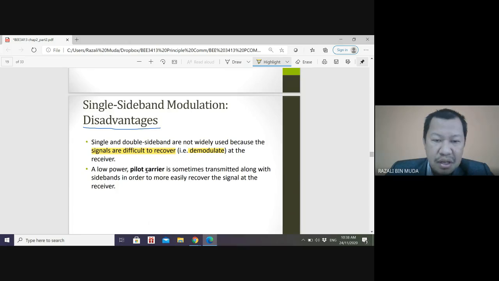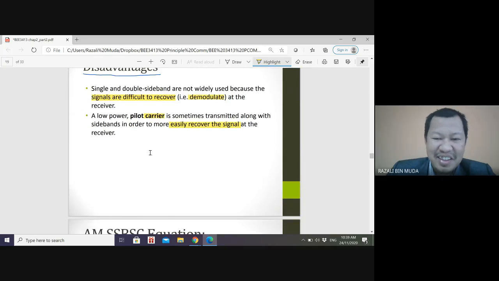So basically, you still need the carrier in order to easily demodulate. The issue is in the receiving part, it is difficult to demodulate single sideband and also double sideband without the carrier. So you still need the carrier.